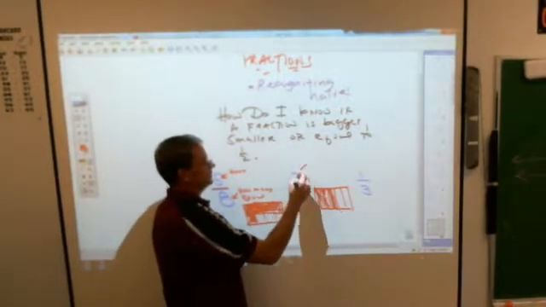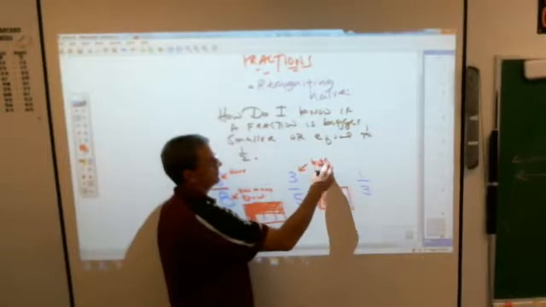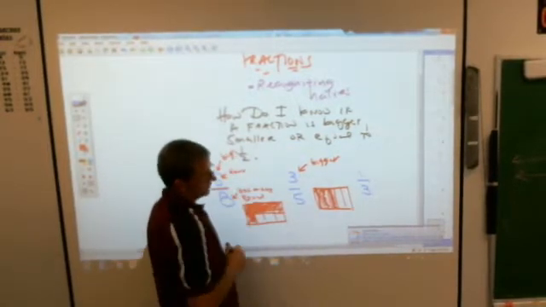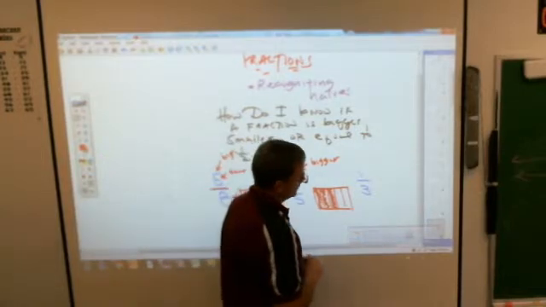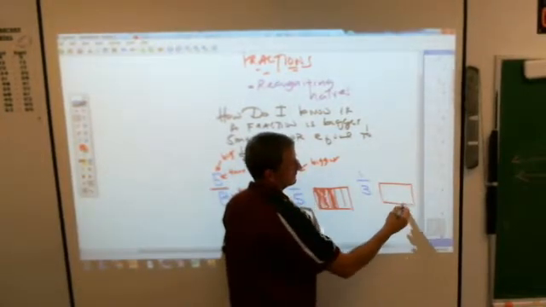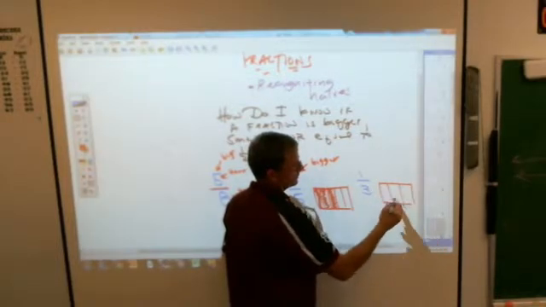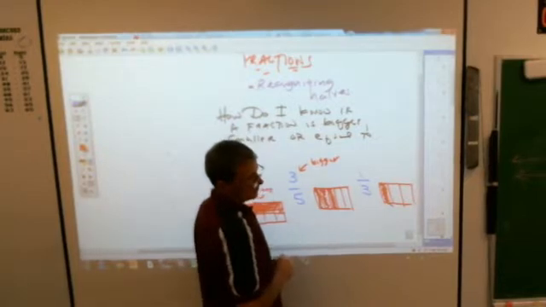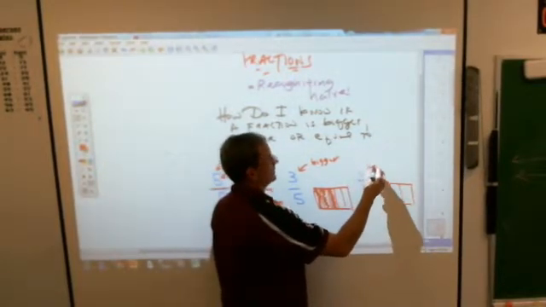More shaded. So this one is bigger than 1/2 as well. This one's bigger than 1/2. 1/3. I take this thing, cut it into thirds, and I shade 1 of them. More than 1/2, less than 1/2. Less than. Less than.